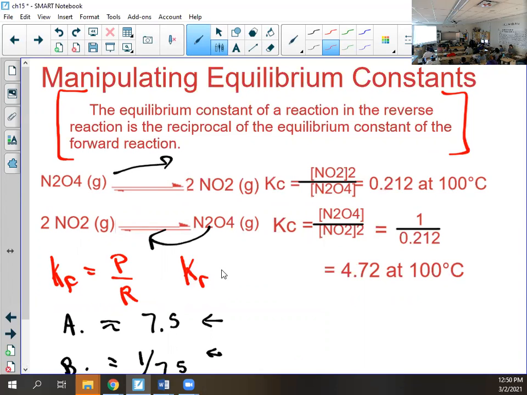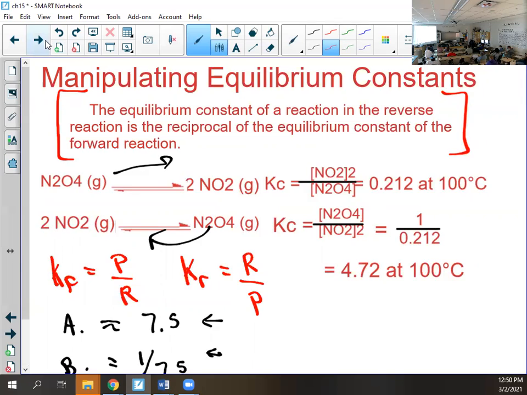K reverse, we're going the other direction, which would still be products over reactants, but the products are now really the reactants, and the reactants are really now the products. So the equation flips over, or we call it the reciprocal. I do believe that's on one of the tests. It's worth 3 points, and it's just hitting 1 over on your calculator. So make sure you get those points. They're not too bad.